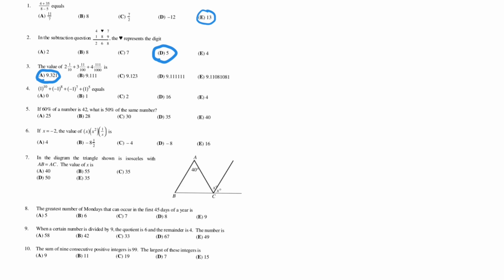Number 4: 1 to the power 10 plus negative 1 to the power 8 plus negative 1 to the power 7 plus 1 to the power 5. Exponent law: negative a to an even power is always positive, equal to a to the even power.